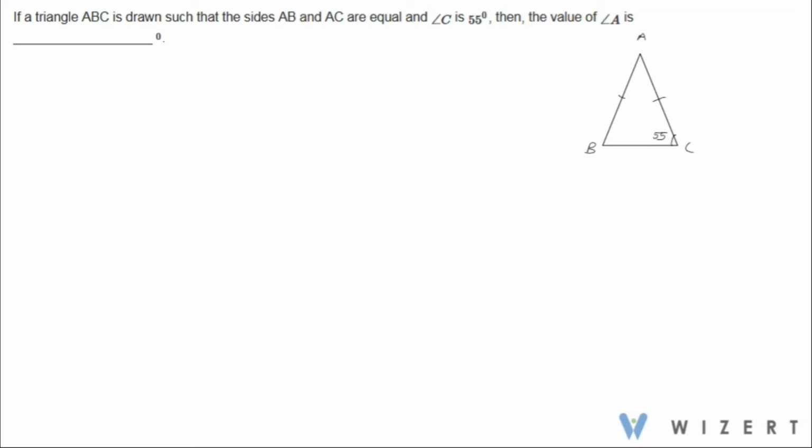So as triangle ABC is an isosceles triangle, therefore what we can say, angle B and angle C are base angles.